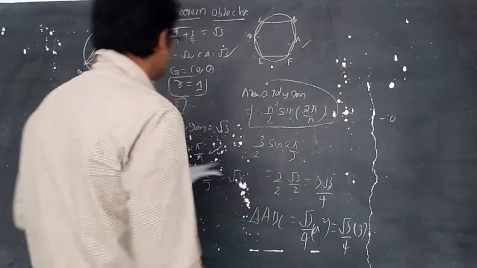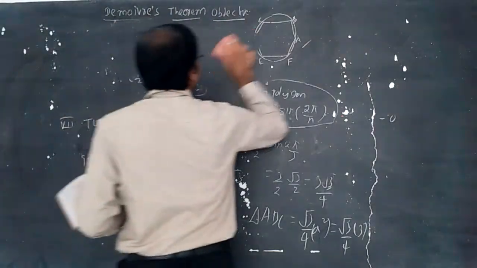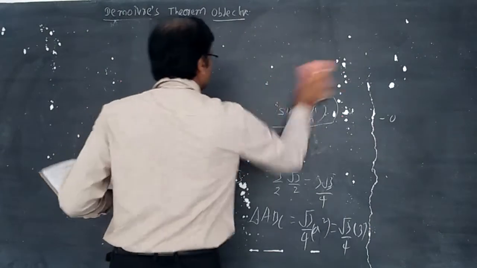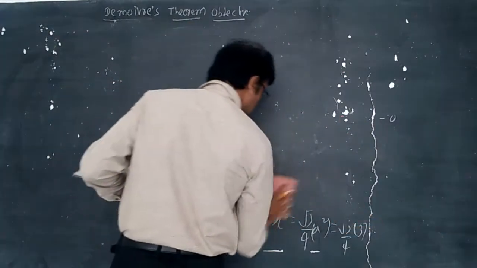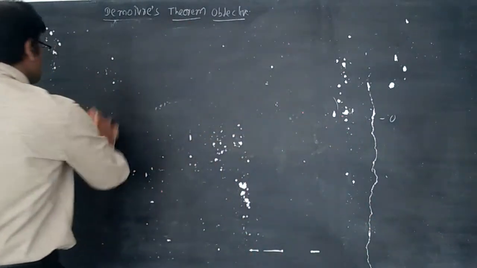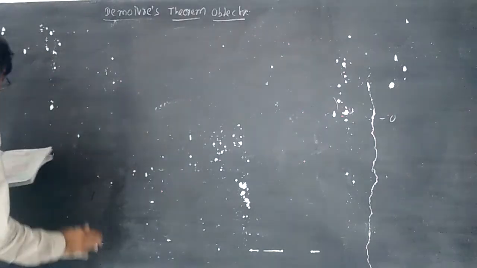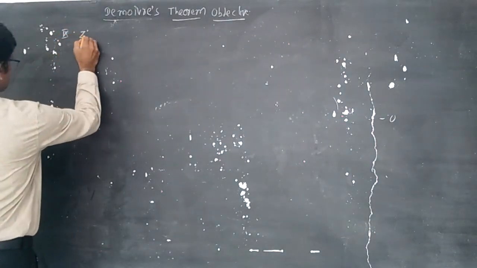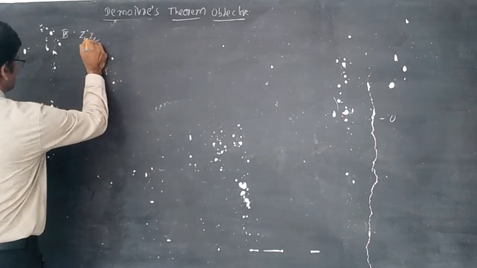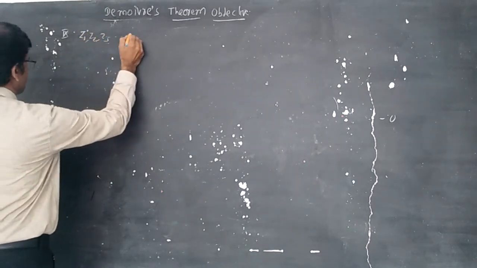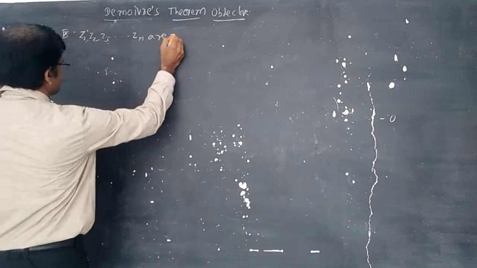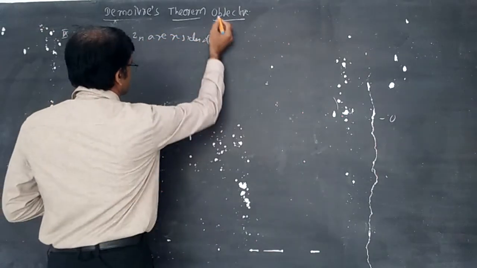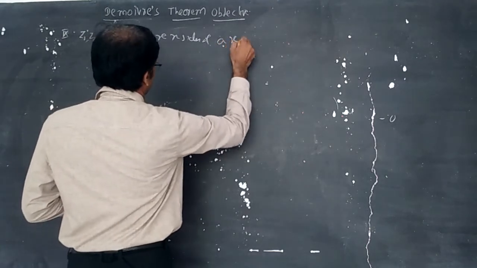Ninth formula is this: if Z1, Z2, Z3 and so on, Zn are the vertices of a regular polygon, that is, n sides of a regular polygon.